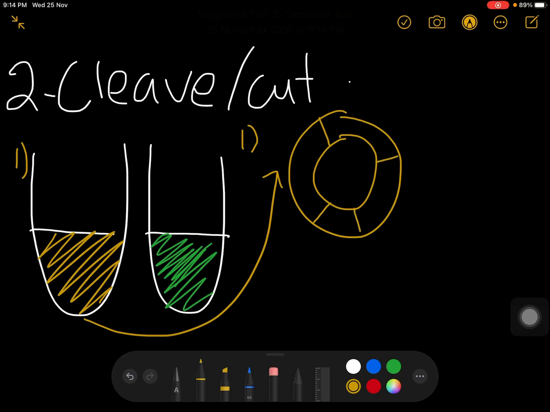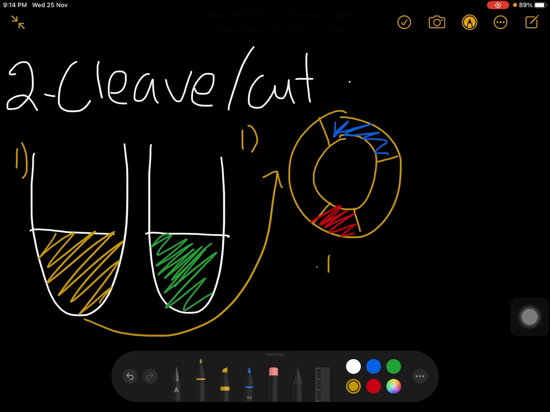In this step, we need to cut. Both of them will be cut with the same, compatible restriction enzyme. This process will produce complementary sticky ends. I will show you the first one, which is the plasmid.